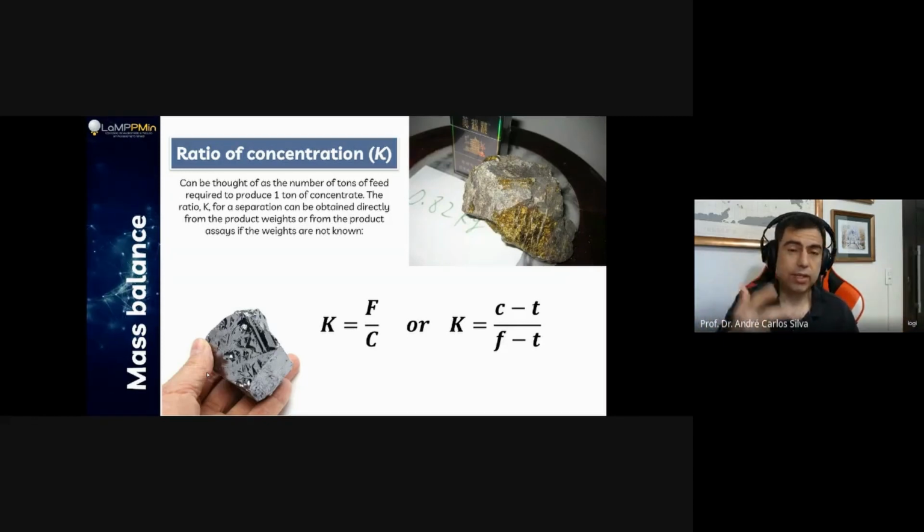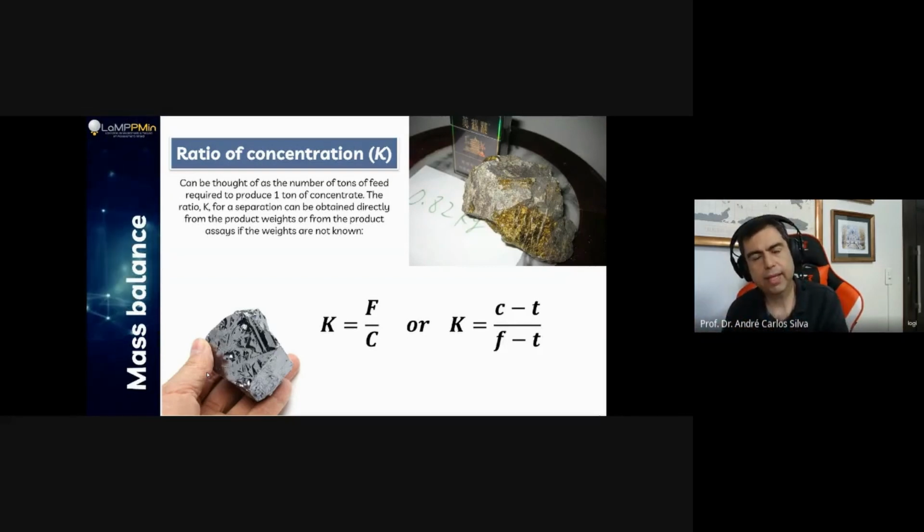But the third thing that you can sell is pellet feed, and pellet feed is a very small particle size. It's very fine material, but on the other hand, you have a very good quality of material in your hand, and this material is going to feed the pellet plant, and then you're going to feed your blast furnace or your direct reduction furnace with pellets.